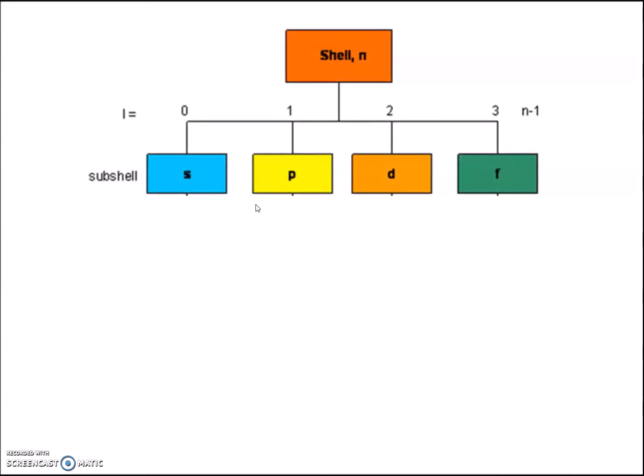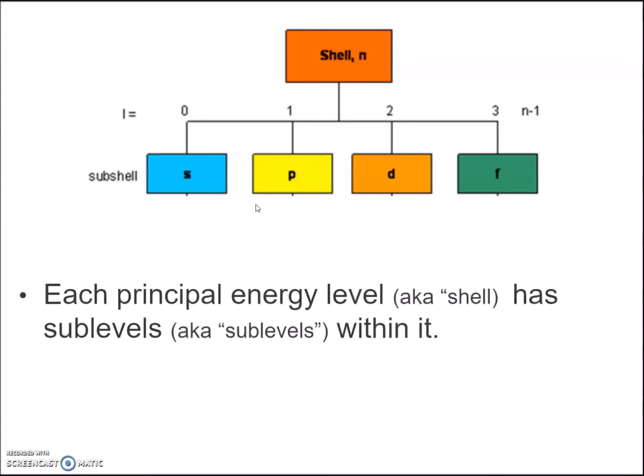Now, an atom possesses electrons in energy levels. We've used the term energy levels, but some scientists use the term electron shells, or even energy shells if you prefer. Every principal energy level, or shell, has sublevels within it, also known as subshells.